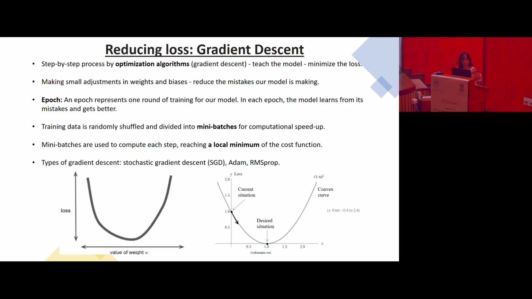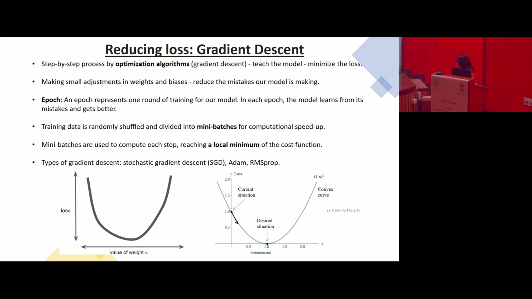So what is gradient descent? It's a step-by-step process by optimization algorithms to make small adjustments in weights and biases in a way to teach the model so that it can reduce the mistakes it is making. There are different types of gradient descent, like stochastic gradient descent, Adam and RMSprop.